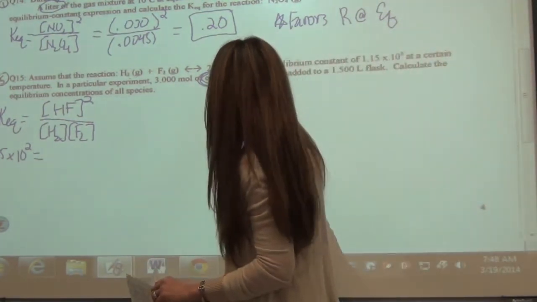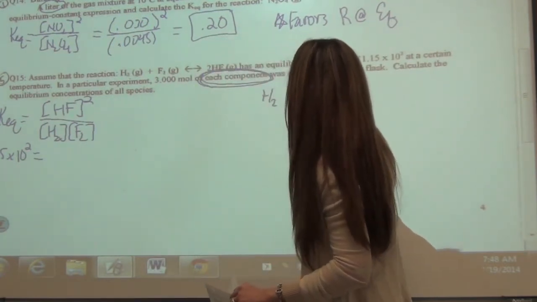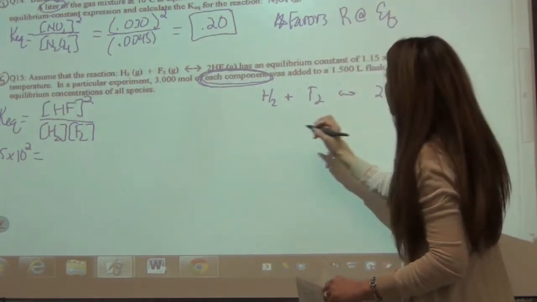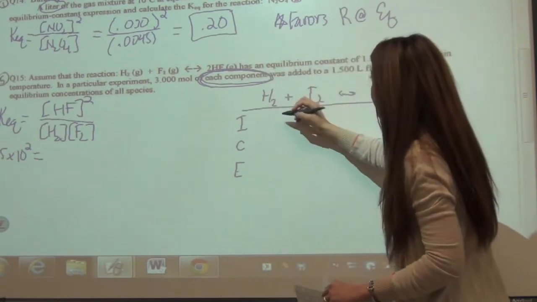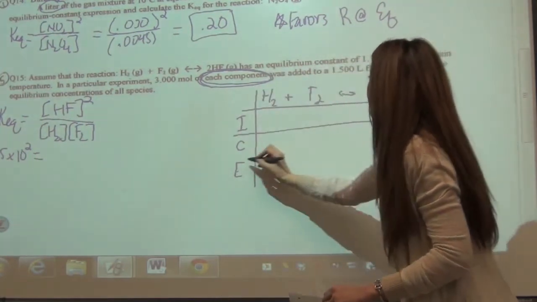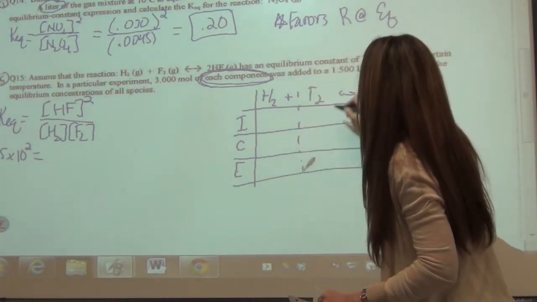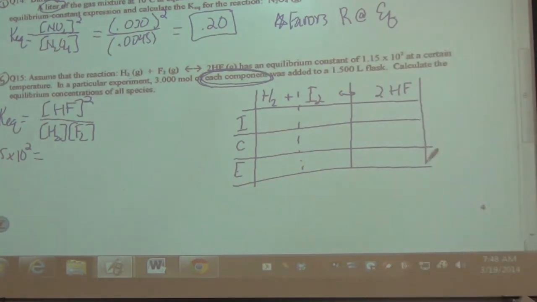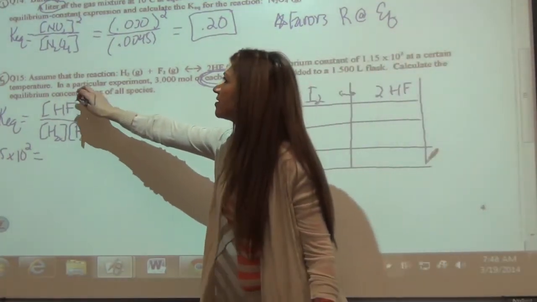So the first thing we're going to do is write our equation out. So again, we have H2 plus F2 to 2HF. Write your ICE. Draw your lines in. Again, dotted line between the reactants, solid line with the products. You can use moles, but we want concentrations of them.